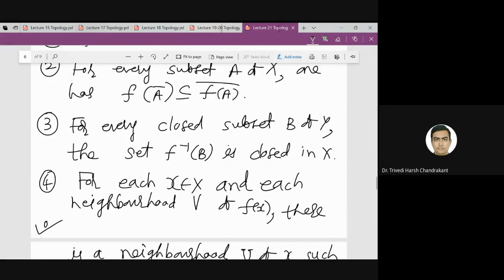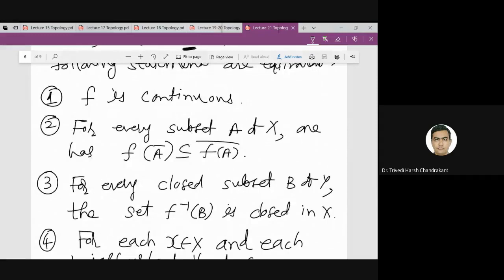These four things you must have seen in analysis also. That is given in Rudin's book, basically in terms of metric spaces. In Rudin's Principles of Mathematical Analysis, there is a small chapter named Basic Topology, which deals with all these results we are going to discuss throughout this course.